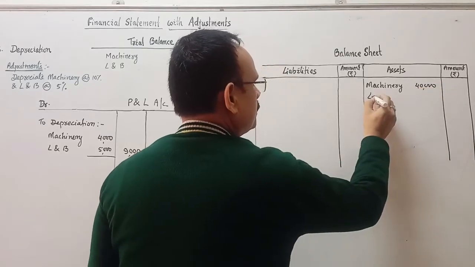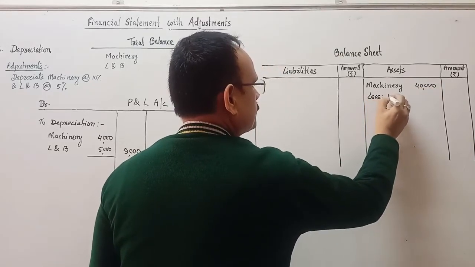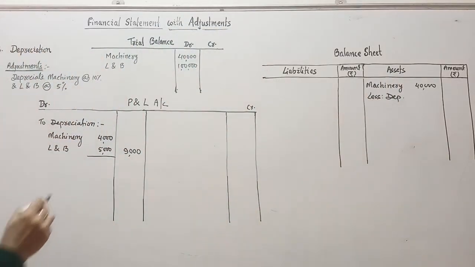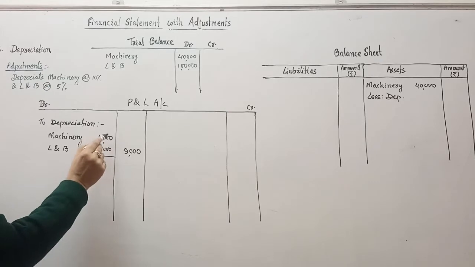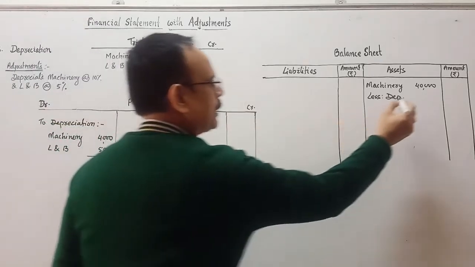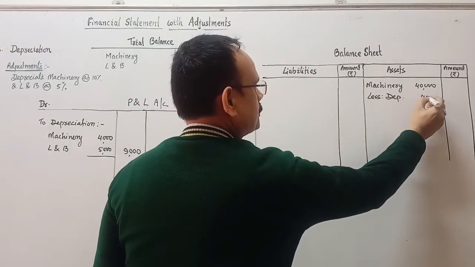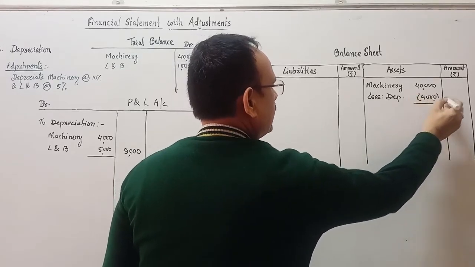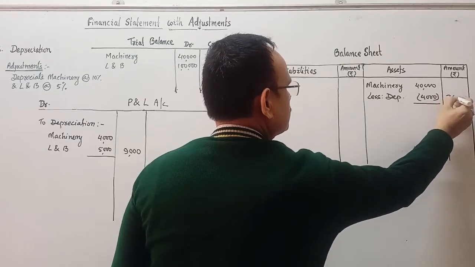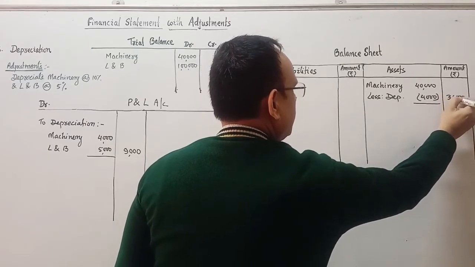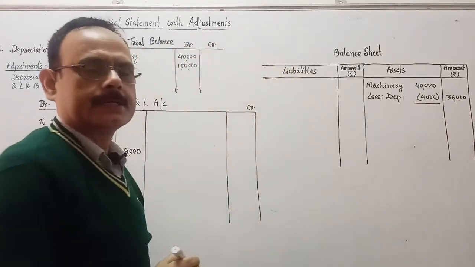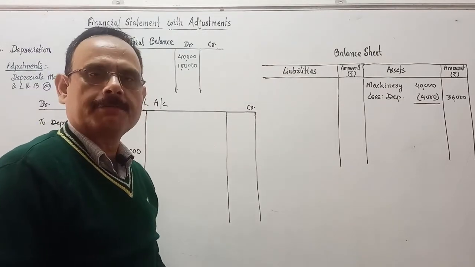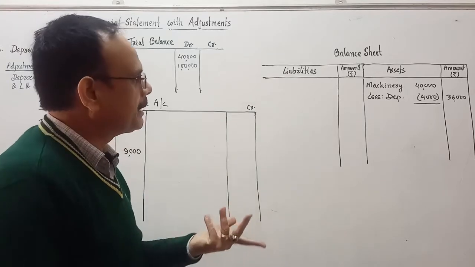Then you deduct the depreciation charged on this machinery, which is 4,000, and write the net value 36,000. This is called book value, or written down value after deducting depreciation.